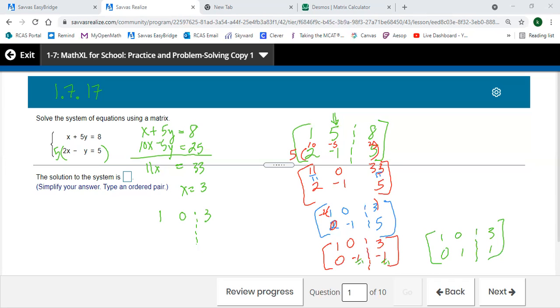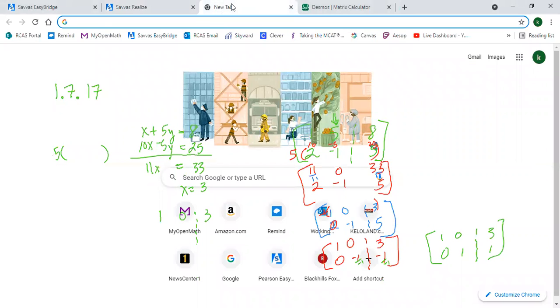Let's keep this original. I think I'm going to be able to see this green top matrix up here. Let's switch over to Desmos. Let's see, maybe I don't have Desmos open. I'll do that quick. All right, so we're going to switch back to desmos.com.